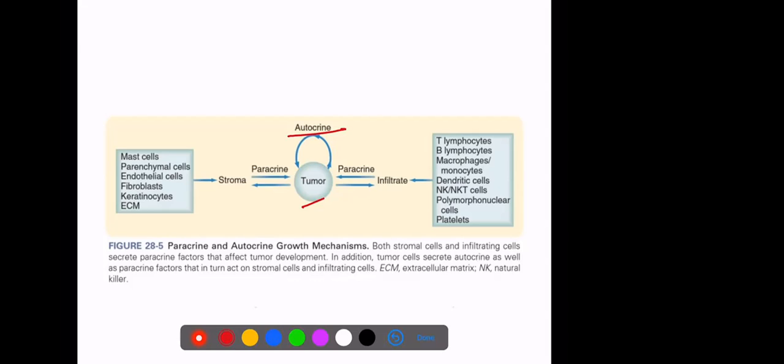So what do you mean by paracrine? Paracrine means the tumor cells send signals. Here the arrows are on both sides. This tumor cell sends signals, and they have a good coordination with stroma. And they sometimes disguise themselves. They see there is going to be an abnormal cell, and there are going to be infiltrates from the immune cells.